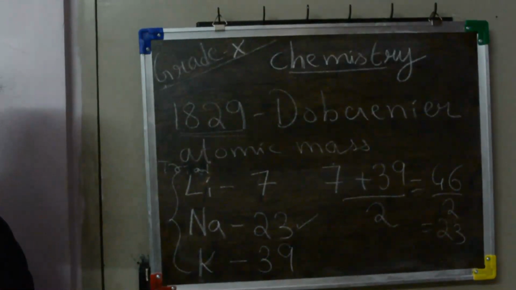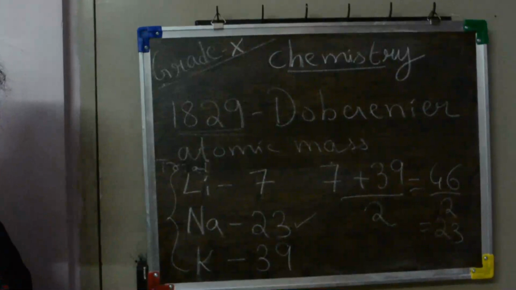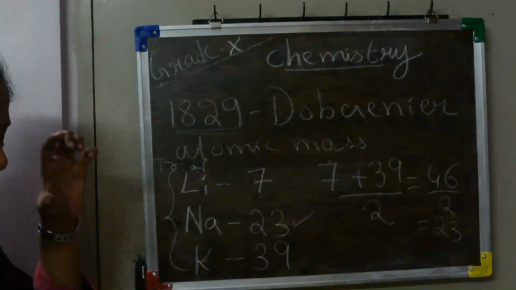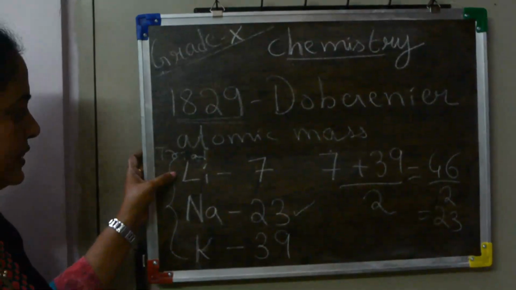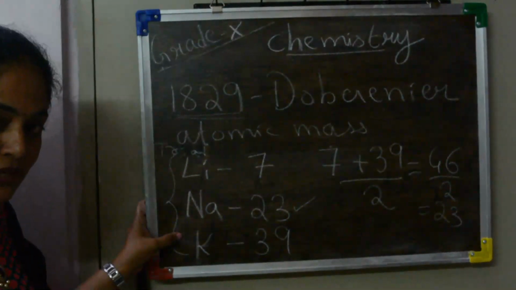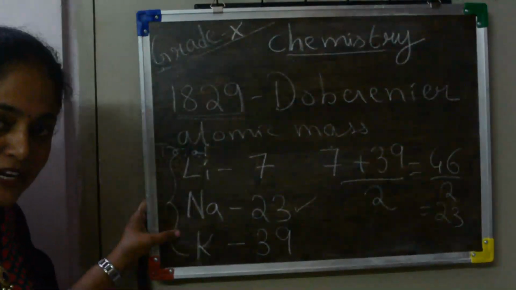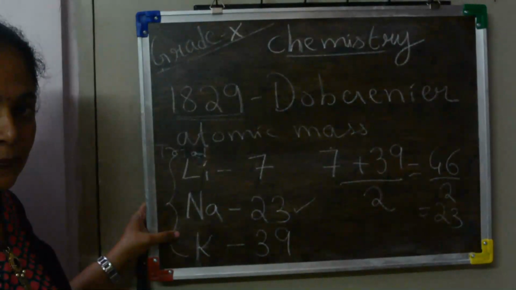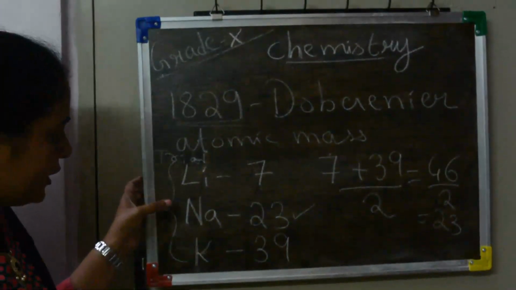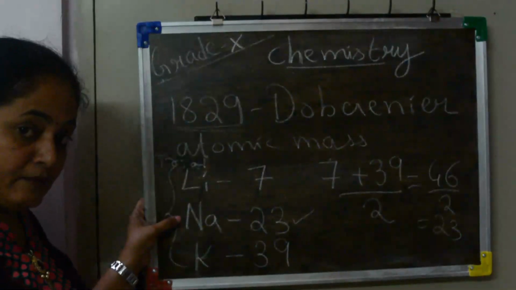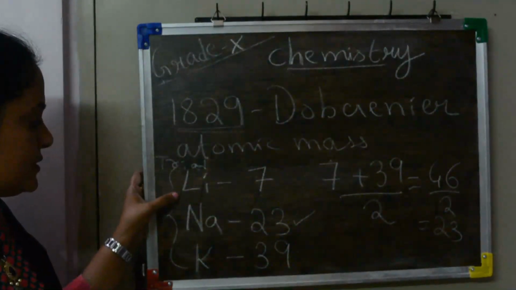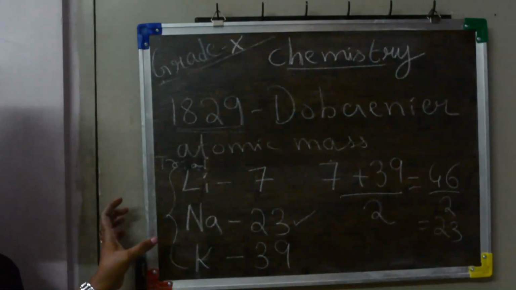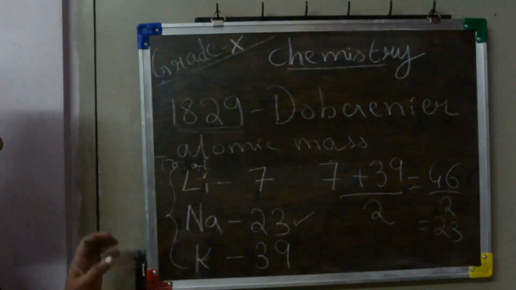So what is the law of triad, children? Once again I will state it. When three elements are arranged in increasing order of their atomic masses, the atomic mass of the second element is equal to the average of atomic masses of the first and third elements.